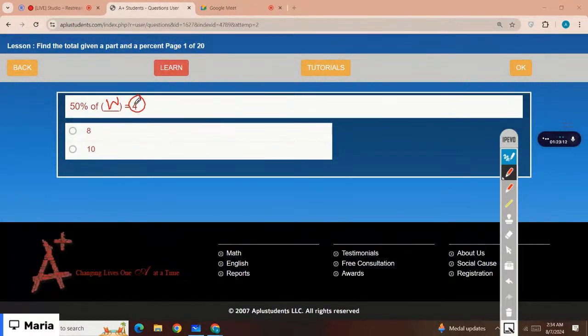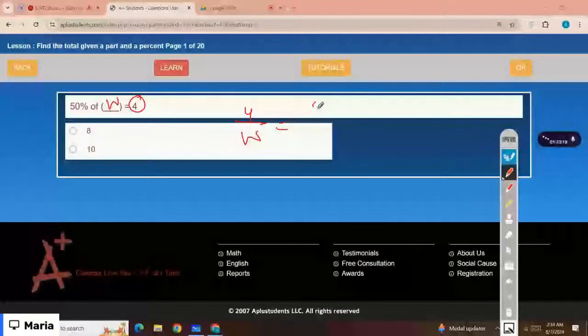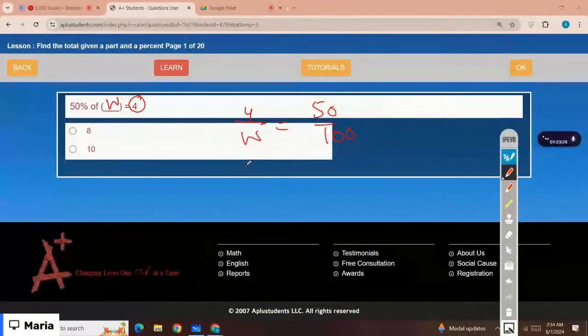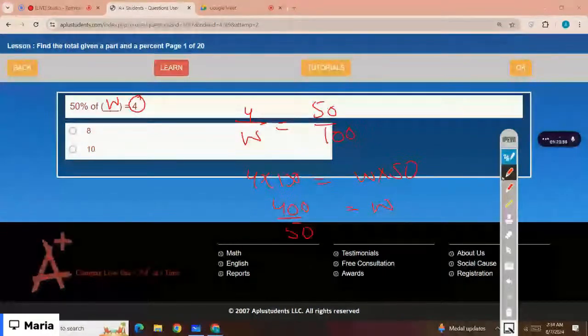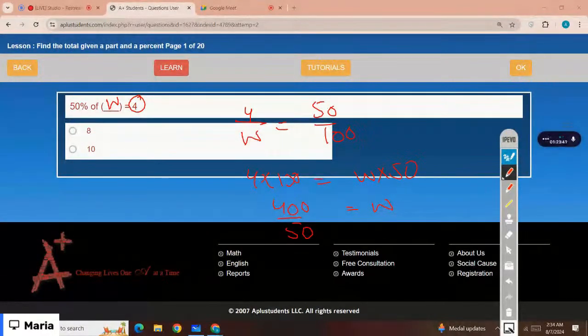You are given the part. 4 divided by whole number equals 50 over 100. So W... Yes, 8. The correct option is 8. 50% of 8 is 4.